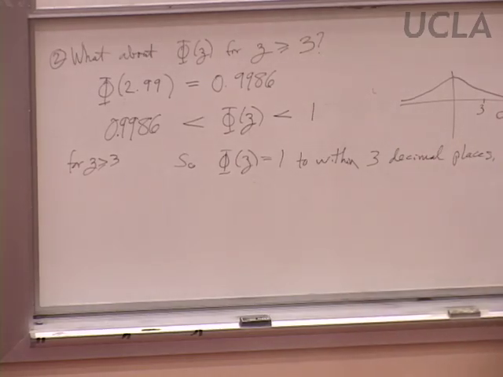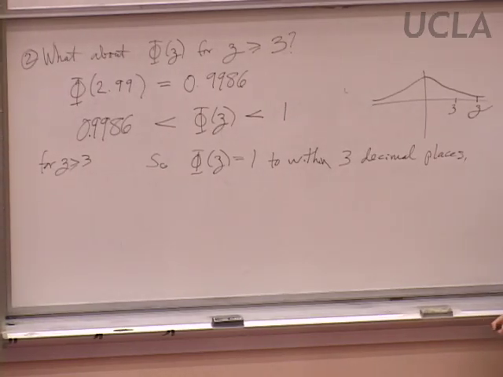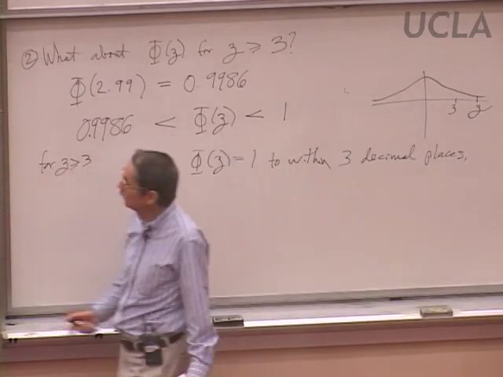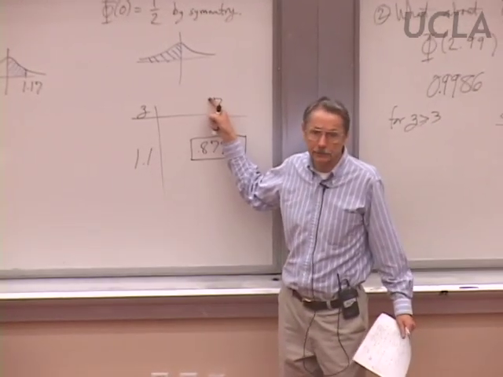Three decimal places is about all we can get out of this table anyway, because we can only put in 3 significant figures max.